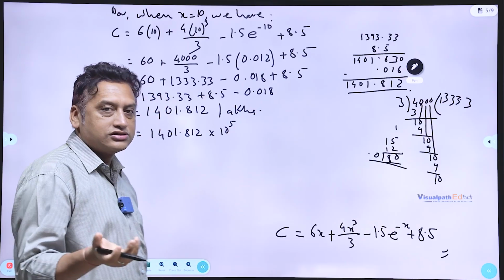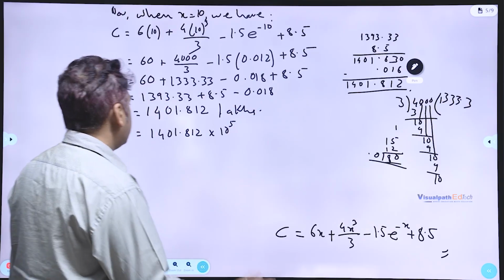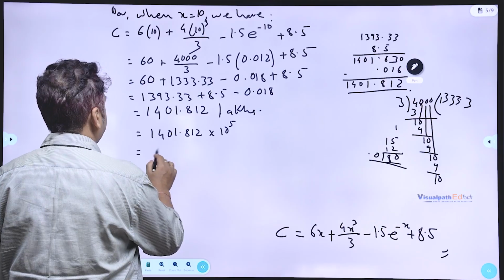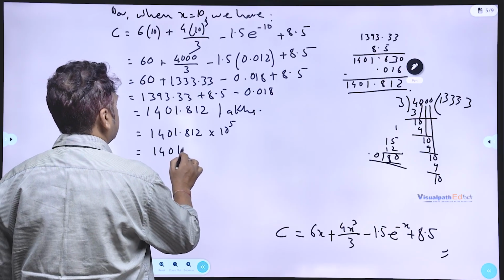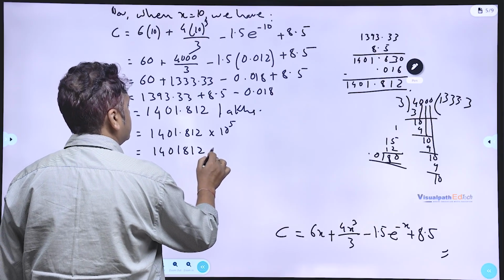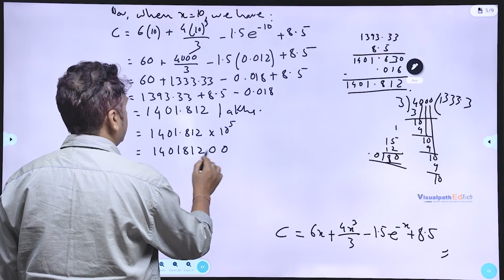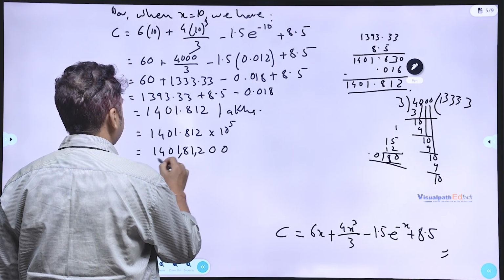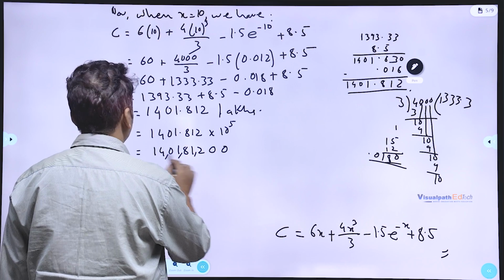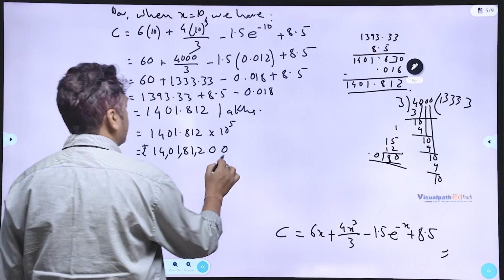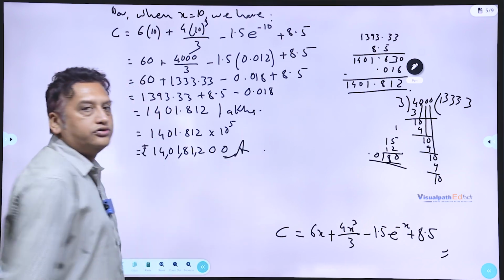We have 5 zeros, so that way we get 1401.81200, if you calculate that much in INR, in rupees.